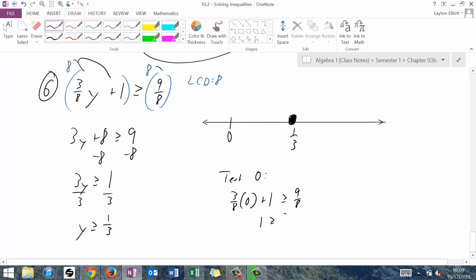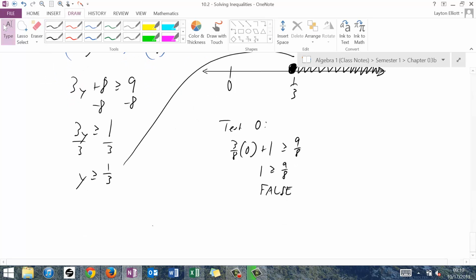That's 1 is greater than or equal to 9/8. Now, 9/8 is 1 and 1/8, and 1 is not greater than or equal to 1 and 1/8, so that is false. So I want to shade in the other direction, which matches this. So my solution is all y such that y is greater than or equal to 1/3.